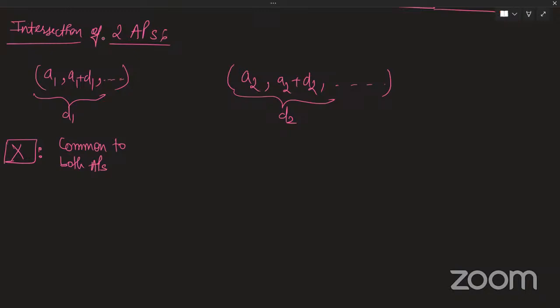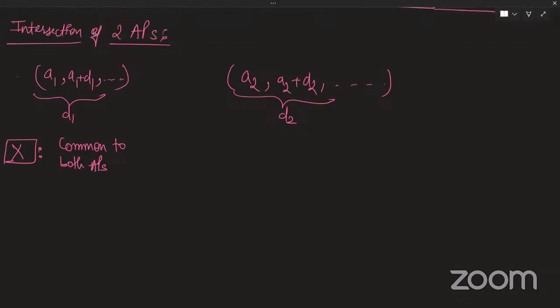Similarly, there will be more terms that are common, so I need to find out how many more terms will be common in both the APs. Can anyone tell me what logic we can use behind this?